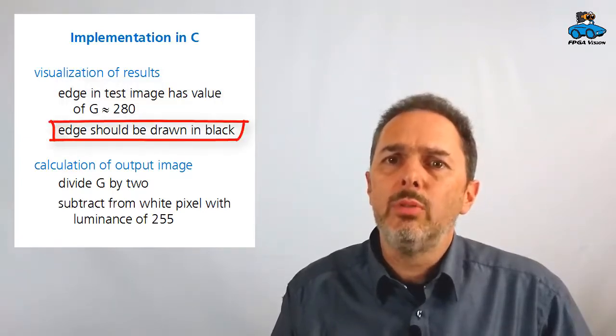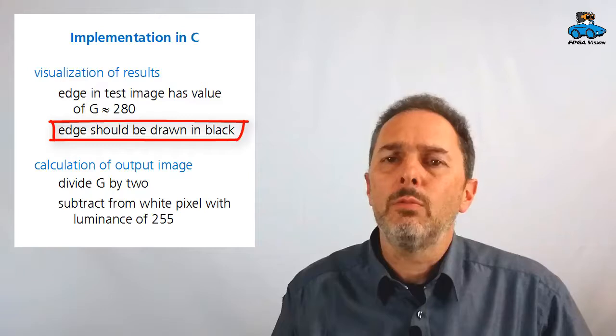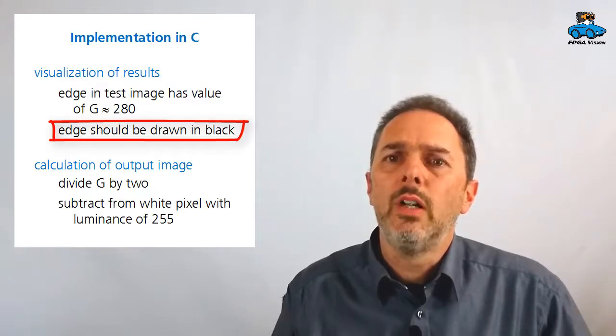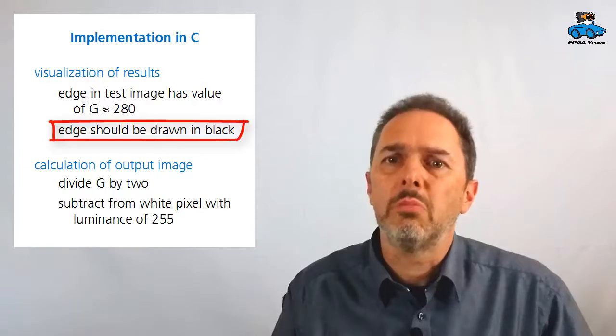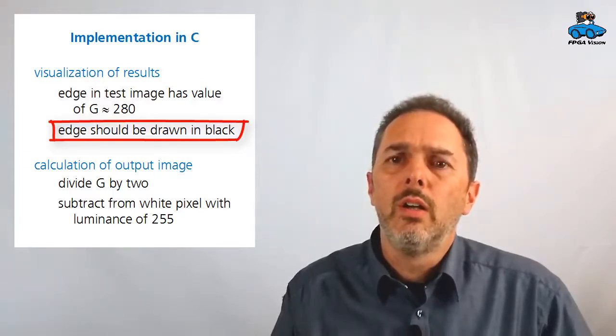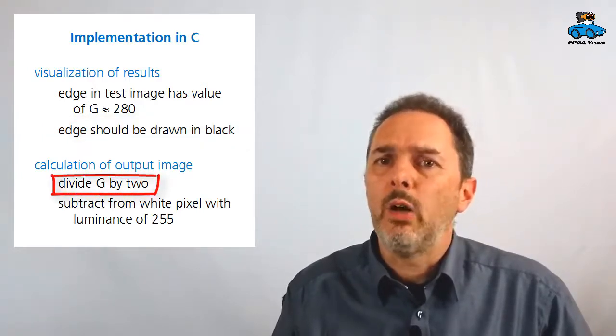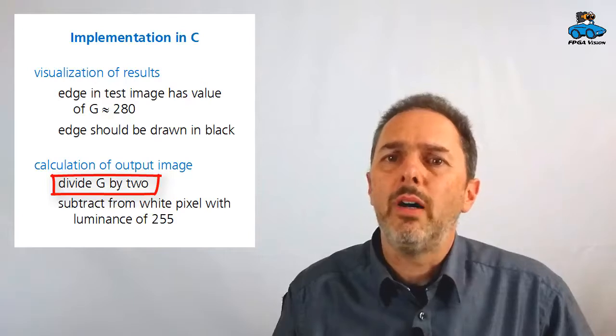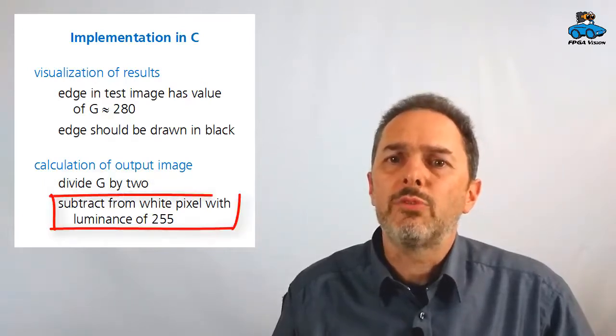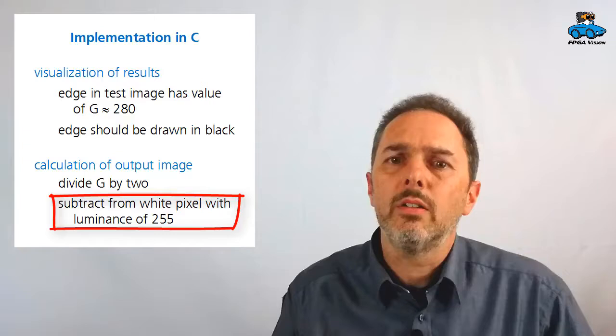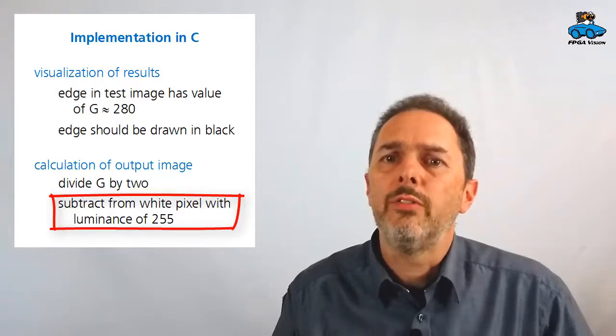We want edges to be visible as black, and when we have no edges, we want to have a white pixel at this position, because this gives a nice image to check the algorithm. And therefore, we calculate an output pixel, we divide G by a factor of 2, and then subtract this value from the white pixel, which would have a value of 255.